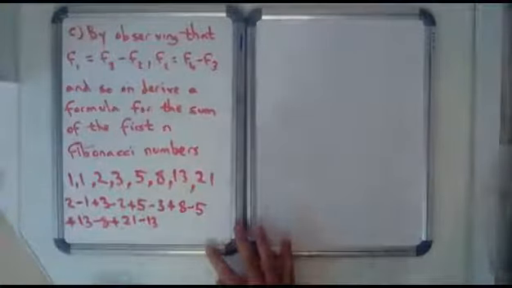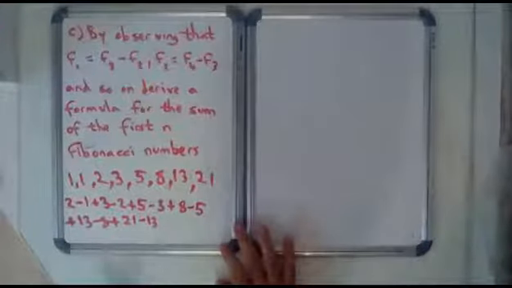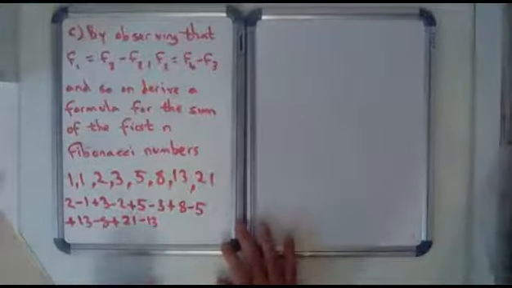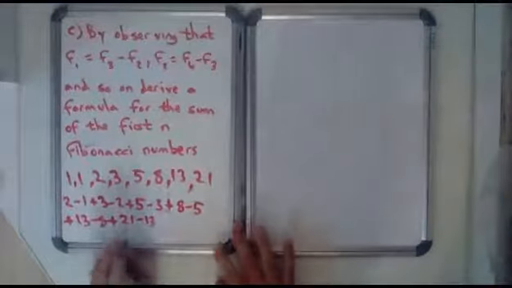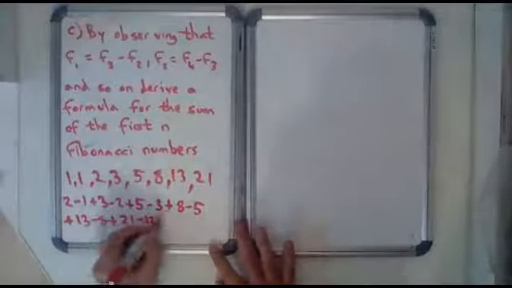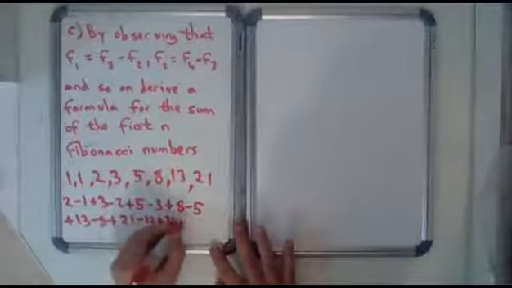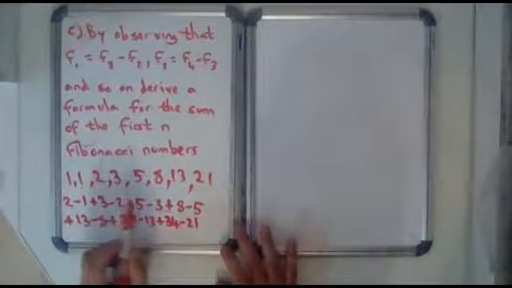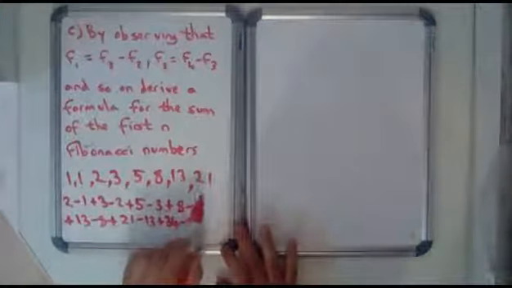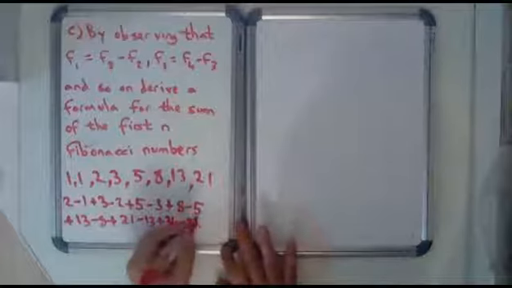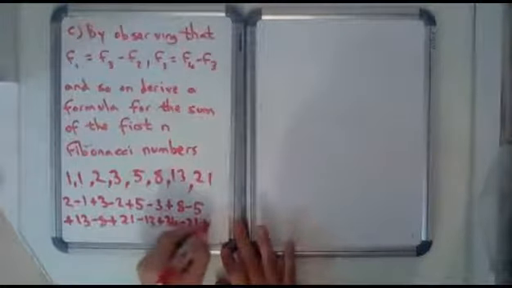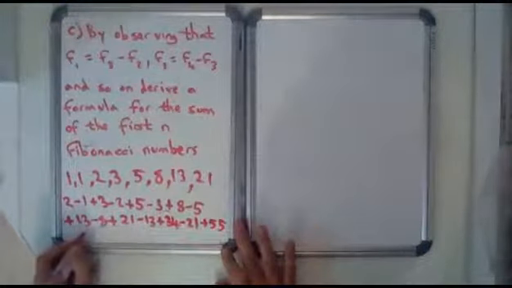Fortunately we knew that the 9th term was 34 and the 10th term was 55. So plus 34 minus 21, and the final term is 55 minus 34, so plus 55 minus 34.